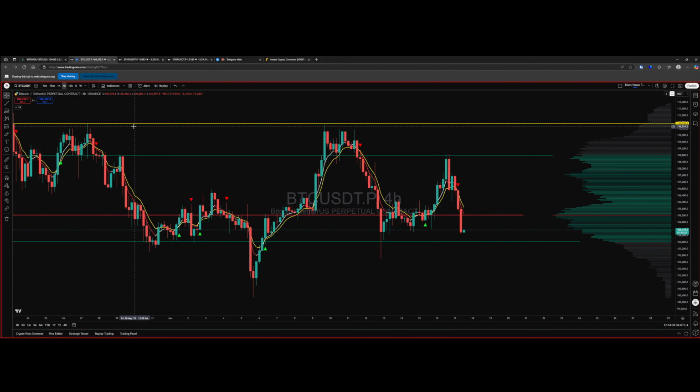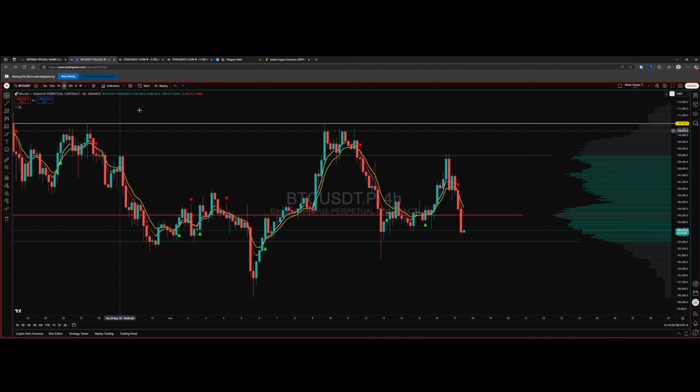So if we just talk about what's on the chart quickly, we have a volume profile to the right. You're going to see a kind of a green area in the center and then 2 shaded gray areas. The gray areas represent lighter than average trading.